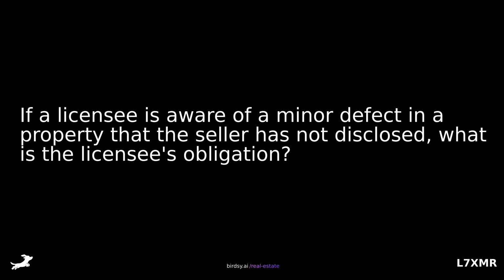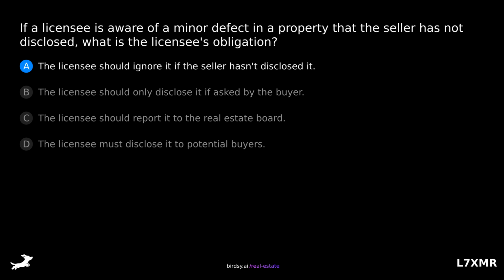If a licensee is aware of a minor defect in a property that the seller has not disclosed, what is the licensee's obligation? Is it A, the licensee should ignore it if the seller hasn't disclosed it? B, the licensee should only disclose it if asked by the buyer? C, the licensee should report it to the real estate board?